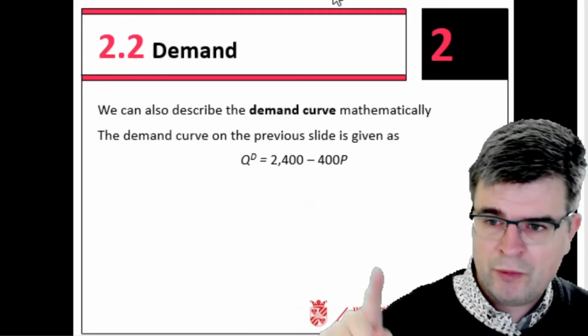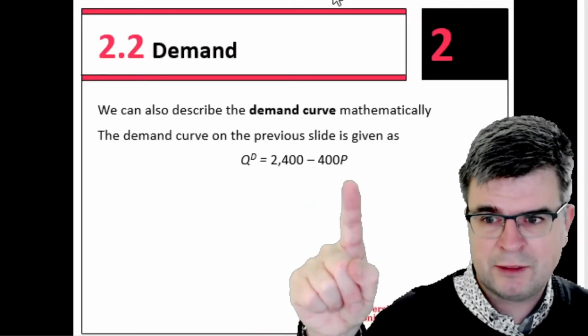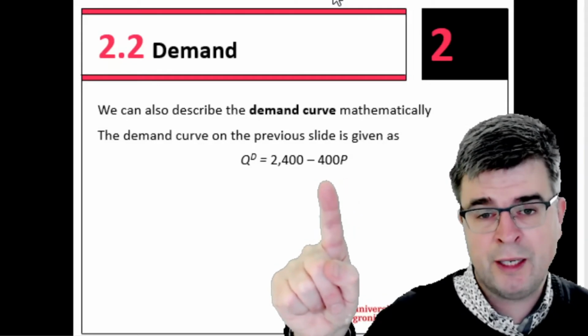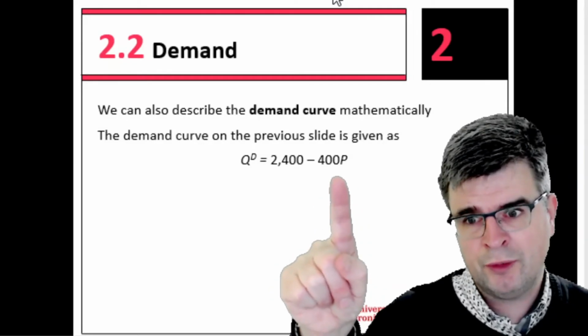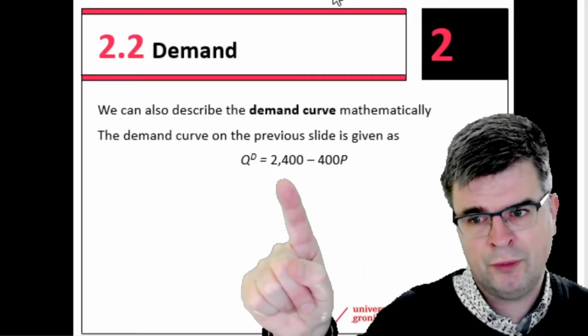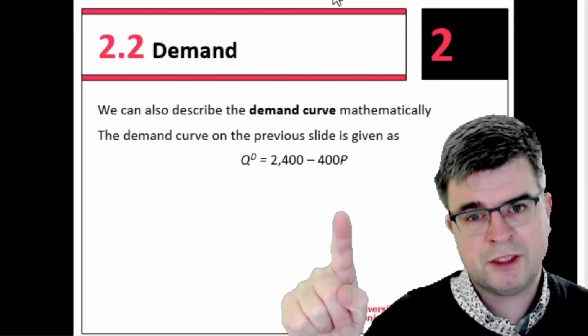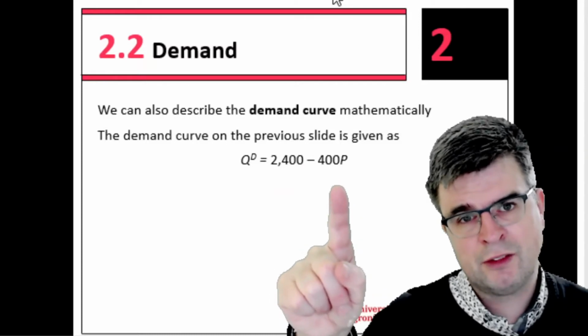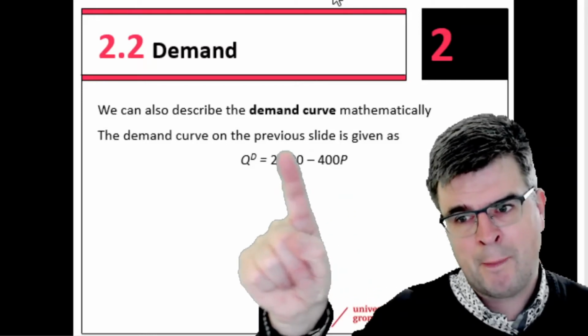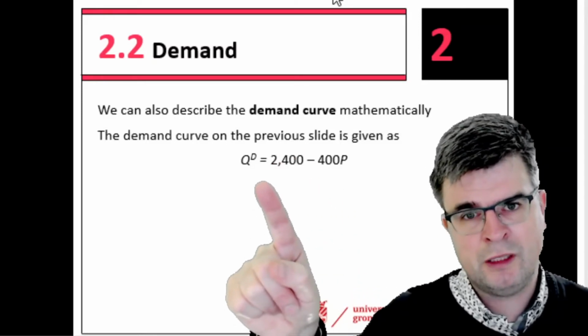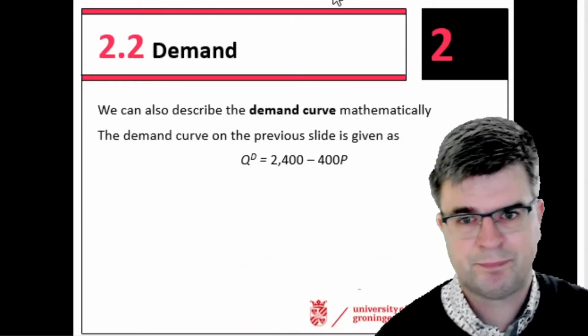And also if we plug in the price equal to 6, then we have 6 times 400 here equals 2400. So 2400 minus 2400 is 0. So this is telling you that at a price of 6, that's the demand choke price, the resulting quantity demanded is 0.